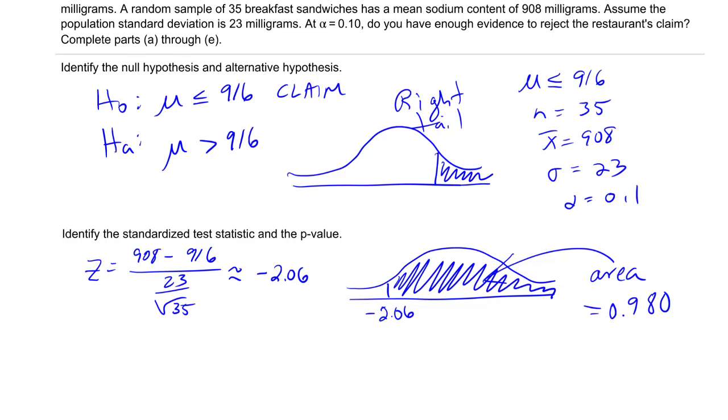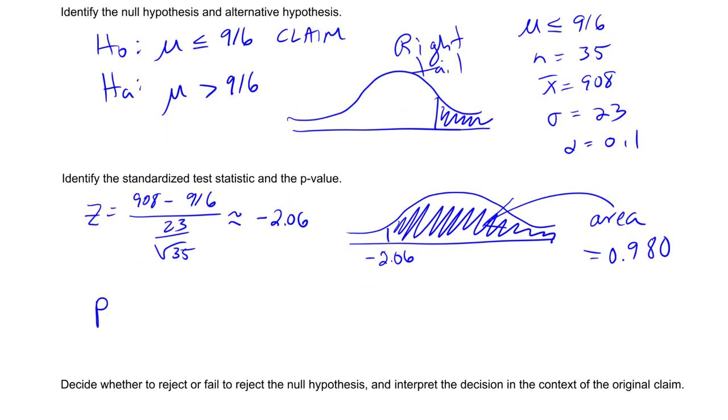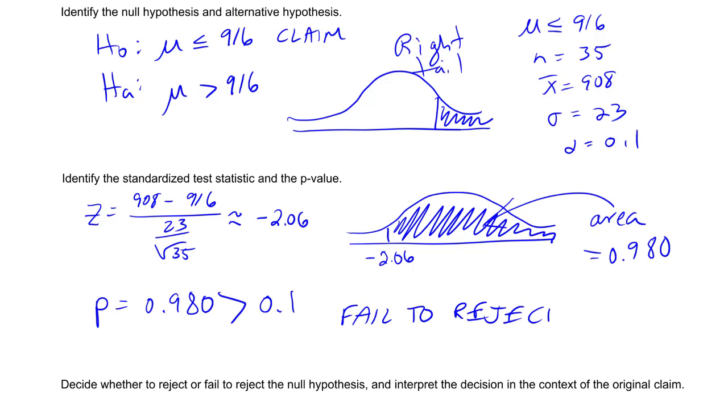So that's your p-value. Your p-value is 0.980. Compare that to 0.1. Well, that's much bigger. Okay? So you are going to fail to reject H0. All right, so we failed to reject H0.